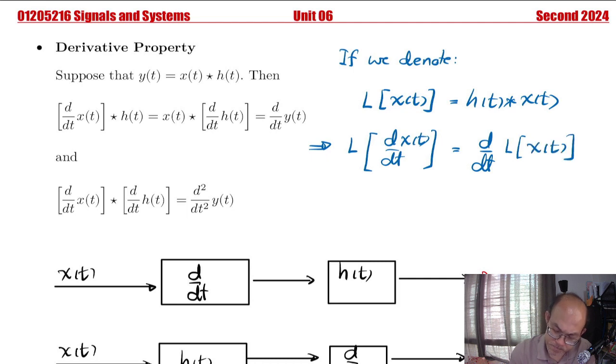In other words, we can interchange the order between the operator L and the derivative operator. Here I took d by dt outside of the parentheses and performed L first and then took the derivative. So these are the same.